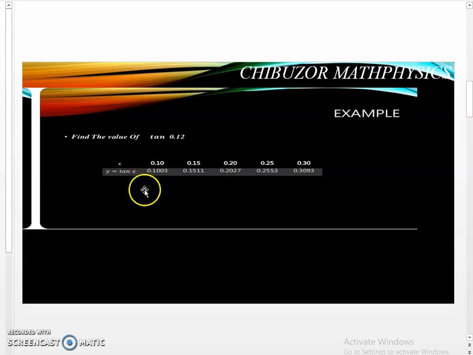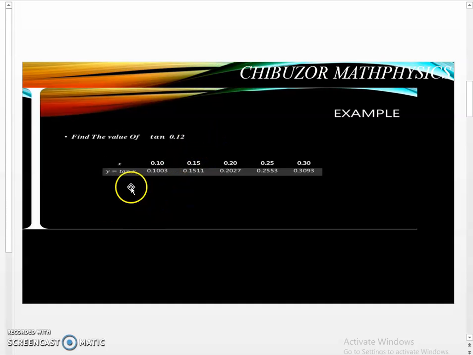Of course, it corresponds to the x value. So when it is 0.10, it is simply 0.1003, up to 0.3093. So let us find the value of tan at 0.12.